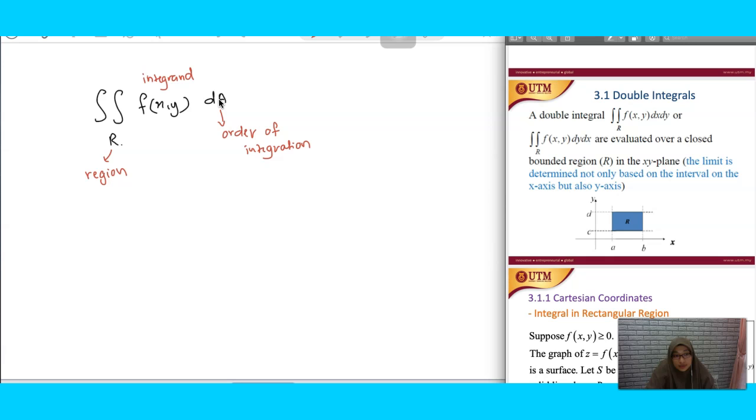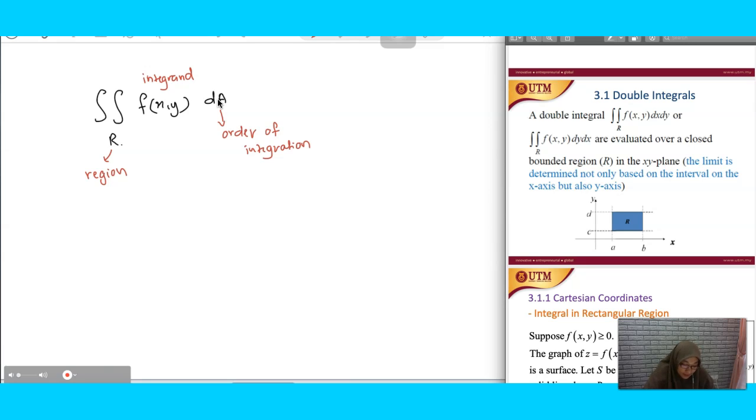So how can we explain the double integral in language? We are evaluating the double integral of the function f over the region R. And here the order of integration is just dA in general.